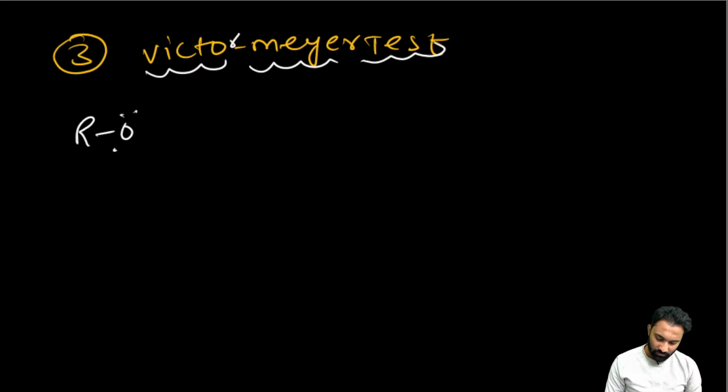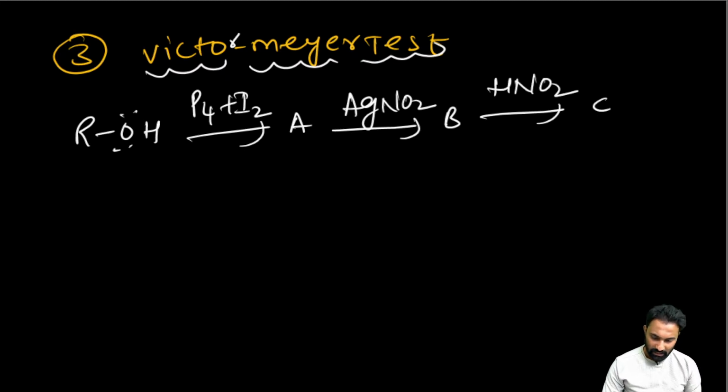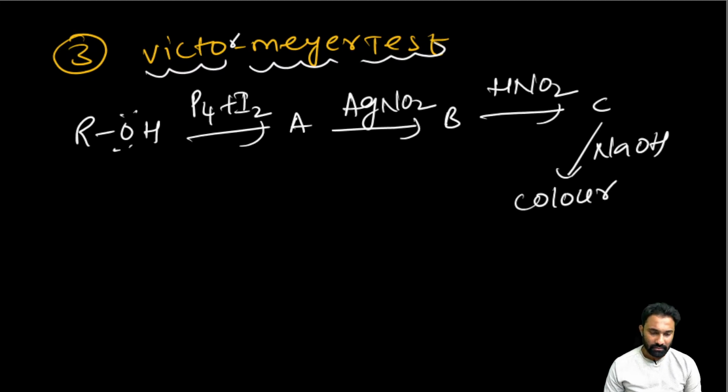First alcohol upon P4I2 will give you A. Again, if you do the silver nitrate test, it will give you B. And this B upon HNO2 will give you C. Again this C upon NaOH will give you the color.